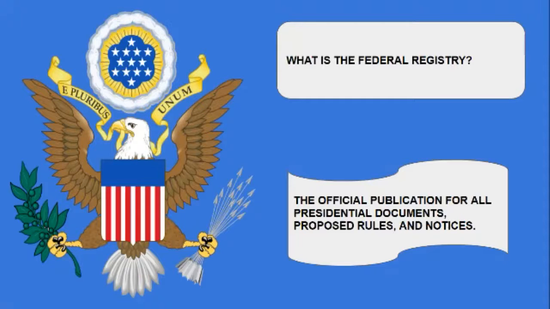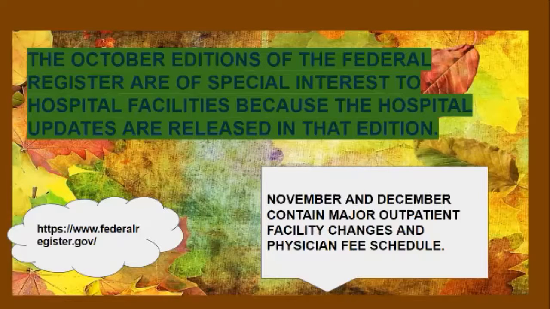Okay, so let's talk about what is the Federal Registry. It's the official publication for all presidential documents, proposed rules, and notices. So the October edition of the Federal Register is of special interest to hospital facilities because the hospital updates are released in that edition.